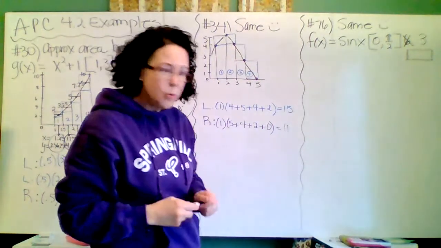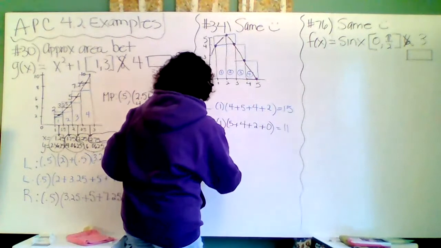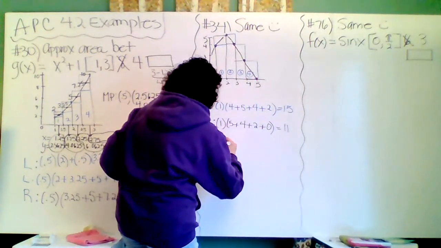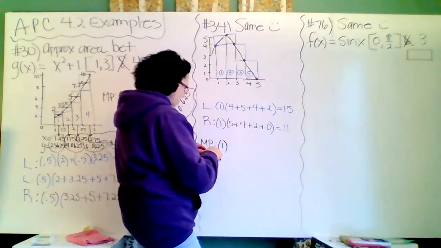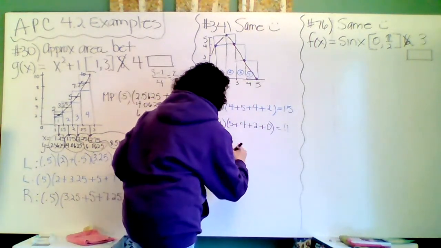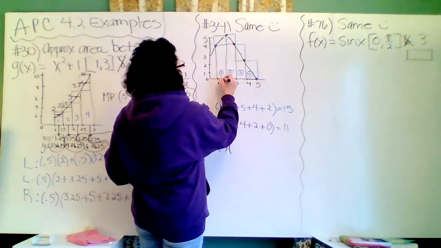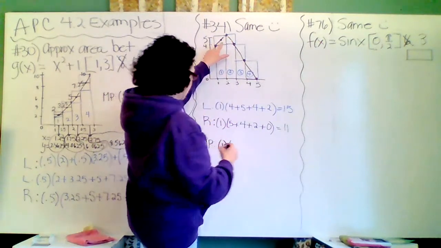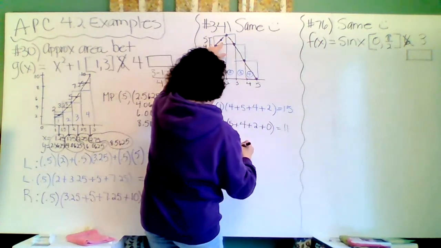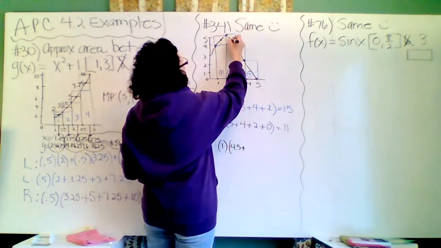Okay, let's do midpoint. Midpoint. Okay, the base of the rectangles are still 1, but let's estimate the heights for each rectangle now. Okay, midpoint right here. Let's go up. That middle height looks like about a 4.5. Plus, second rectangle, middle X, go up.